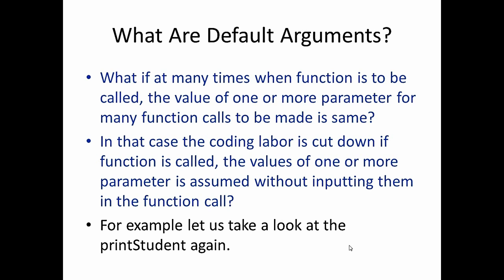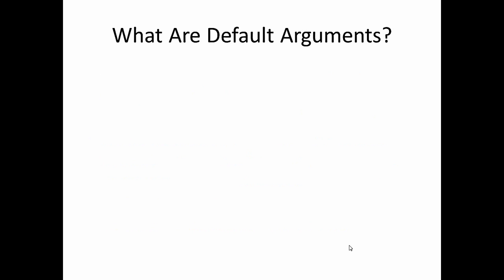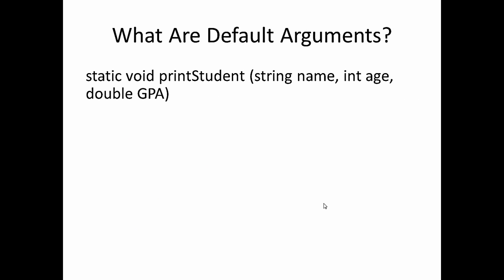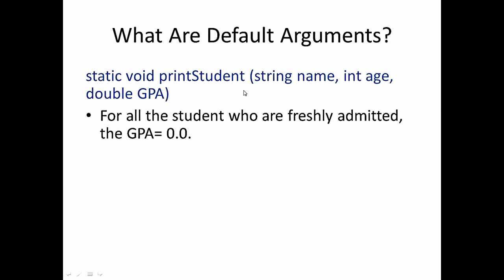For example, let us take a look at print student again. This is the header of the method. Imagine that for all the students who are freshly admitted, the GPA will be 0.0, because they have not really started anything yet.